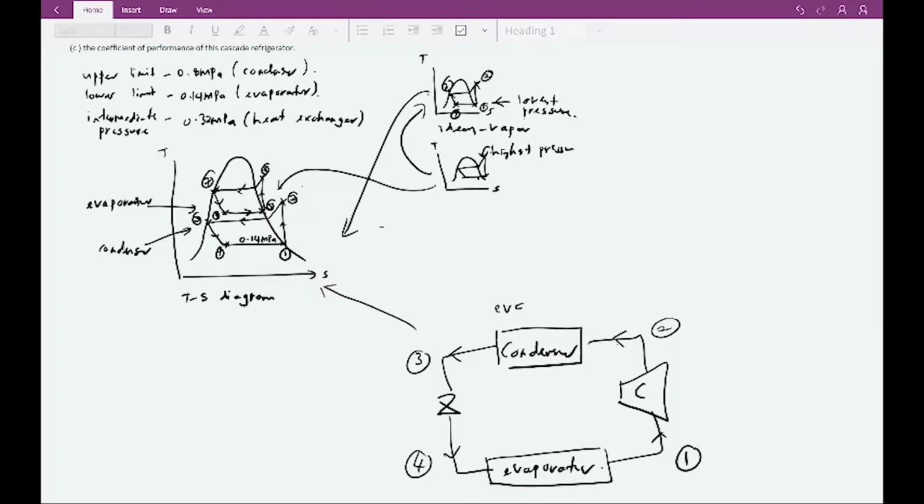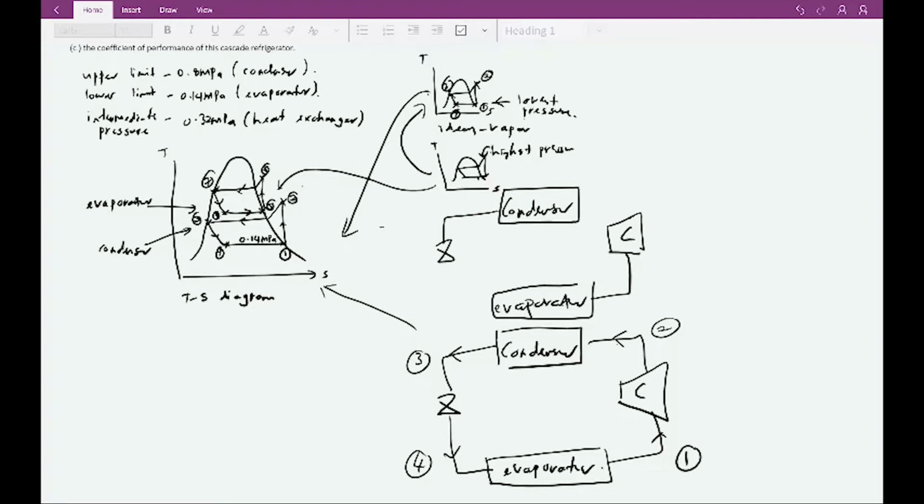Okay, so this is your evaporator. This is your other compressor. And then this is your condenser. And the last one is the expansion valve. Okay, so it's 5, 6, 7, 8.